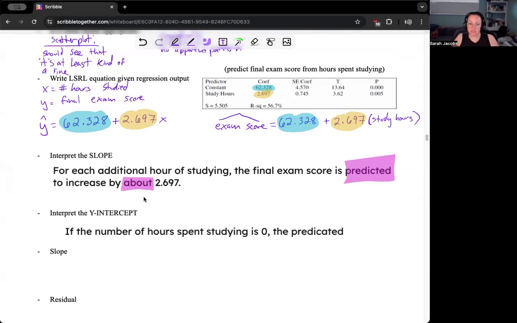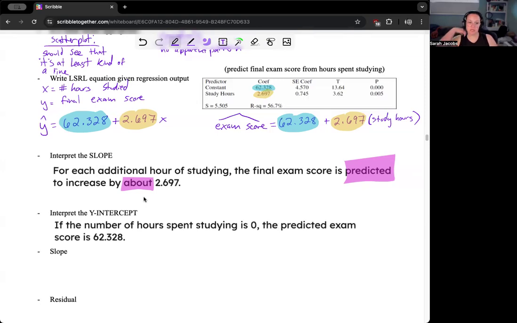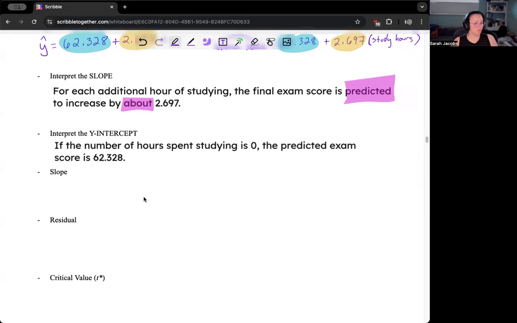This is still a predicted value. And that actually does make sense in context, so that's nice. Sometimes it'll make sense in context, sometimes it won't. Okay, y-intercept. Slope.